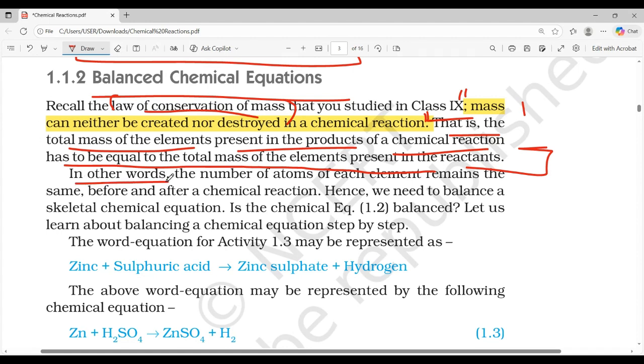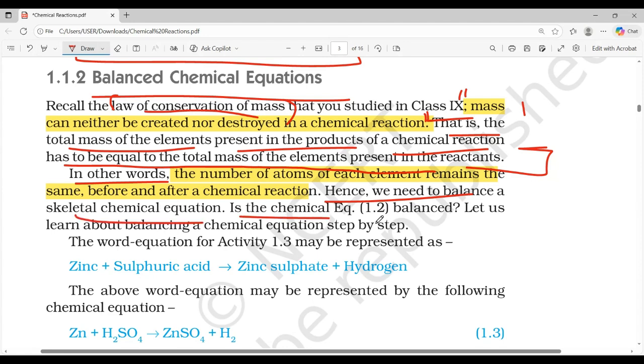In other words, we can say that the number of atoms of each element remains the same before and after a chemical reaction has taken place. Hence, we need to balance a skeletal chemical equation or an unbalanced chemical equation.